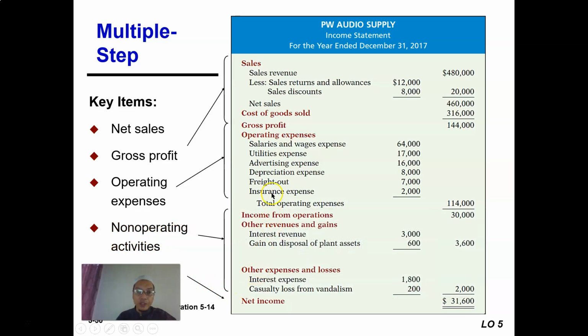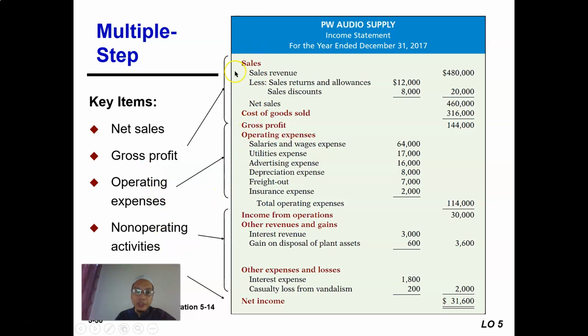After deducting from the income from operations, we add the other revenues but deduct the other expenses. 30,000 plus 3,600 here, but minus 2,000 here, we get to a net income of 31,600.